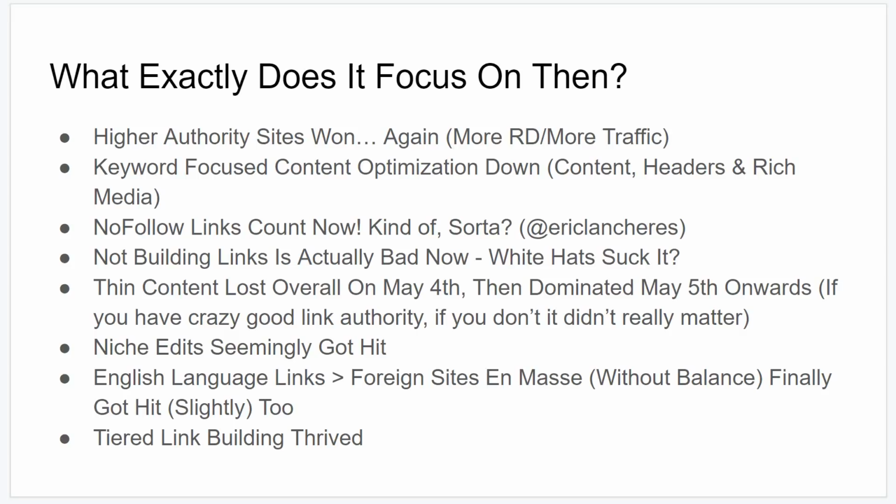Not building links is actually bad now, so white hat sucks. White hat suck it, eh? Not building links is actually bad because from what we've seen in this update anyway, every medium to high competition keyword has pages that have got links.